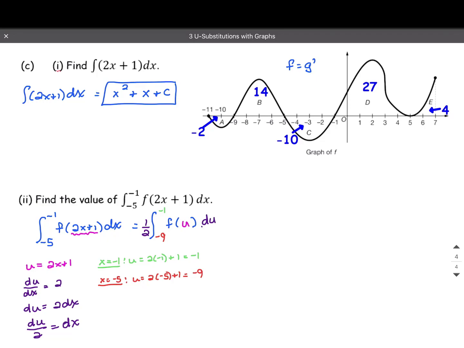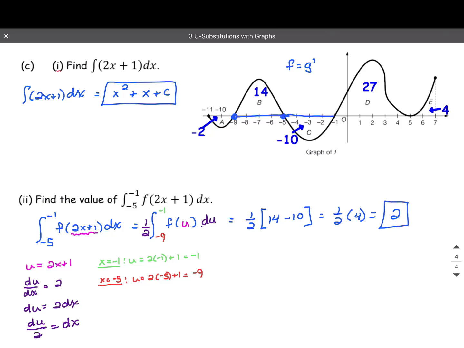So now we have 1/2. To do this integral from negative 9 to negative 1, here's negative 9, up to negative 5 is 14, and from negative 5 to negative 1 is negative 10, so we have 1/2 times 4, or 2.